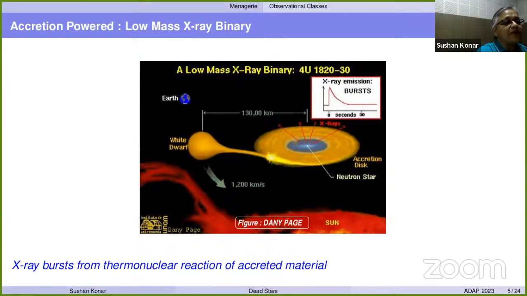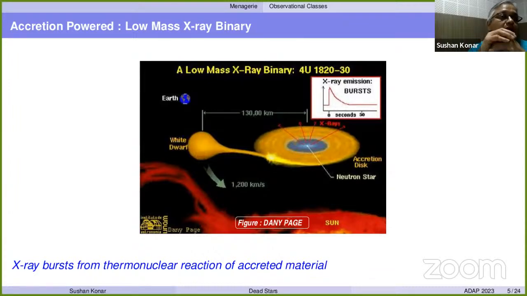And therefore, the magnetic field has neither the time nor the situation to decay. So because of this situation, in high mass X-ray binaries, a very strong magnetic field is retained. Whereas in low mass X-ray binaries, everything is very slow, the rate of accretion is very small, but it's happening over a very long time and the magnetic field decays.